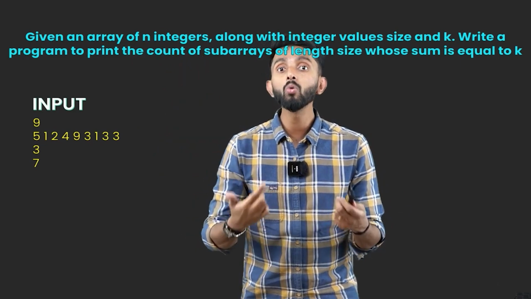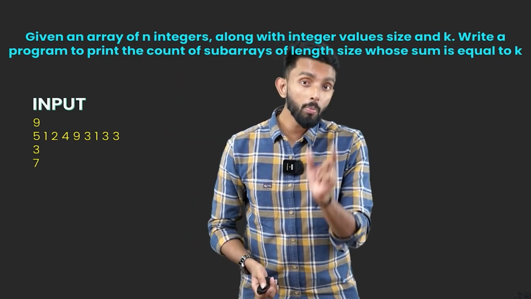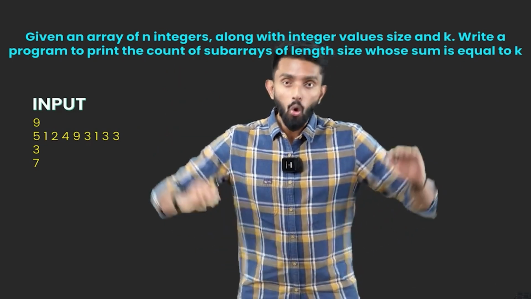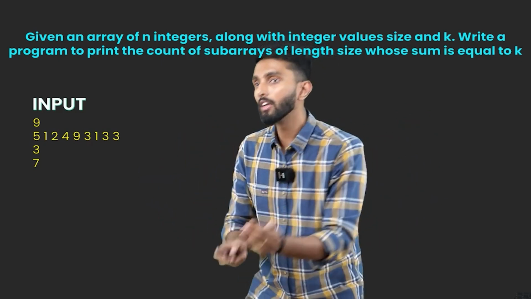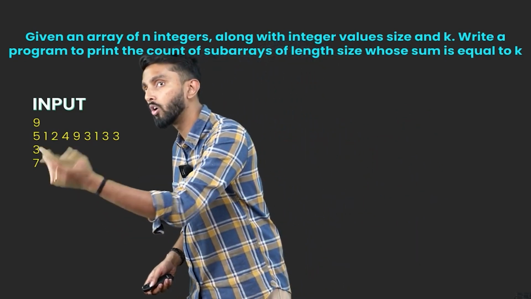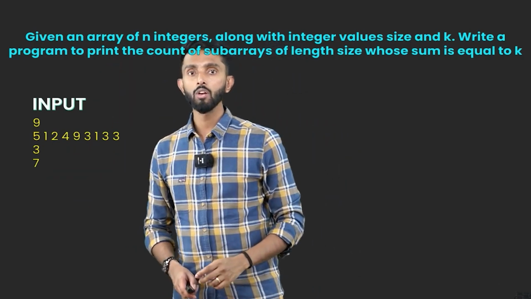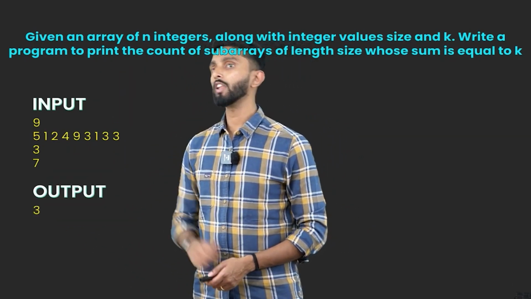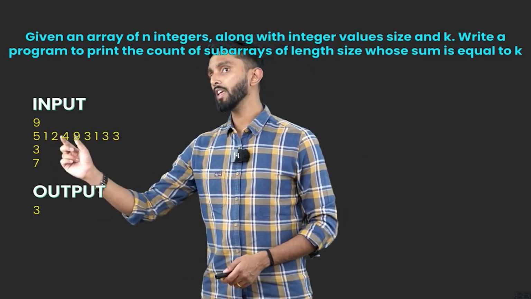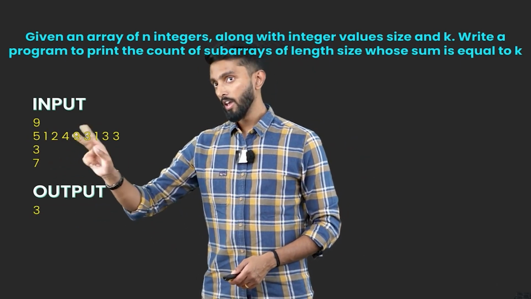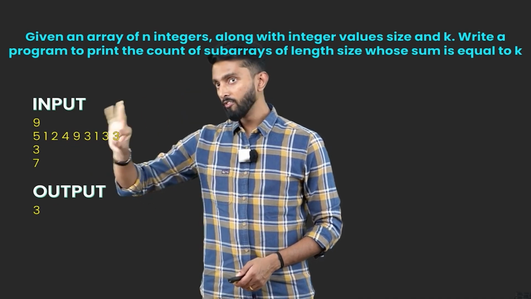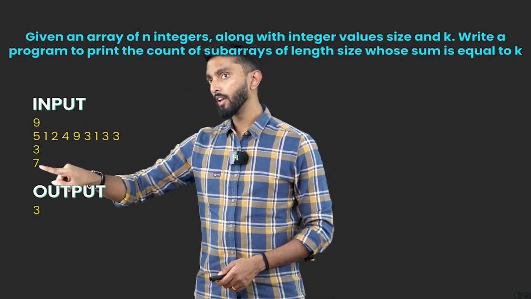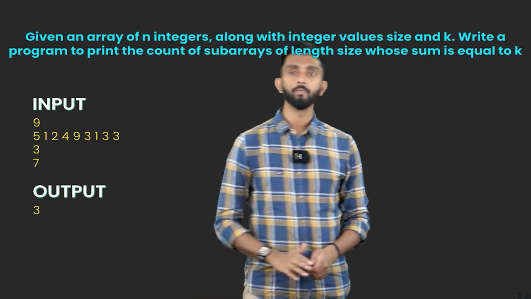You should print the count of how many subarrays are there whose elements, if you add, give you this k value of 7. Understood? And the output here you can clearly see count is 3. Because there are 3 subarrays here whose size is 3, which if you add, the sum will be 7. That count you should print.